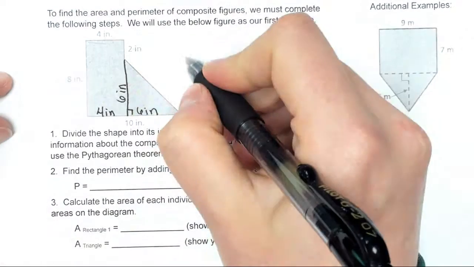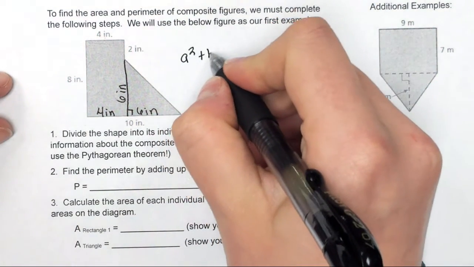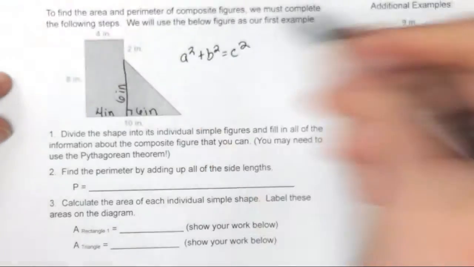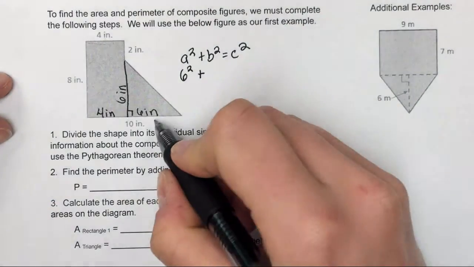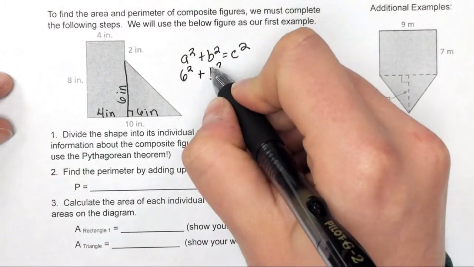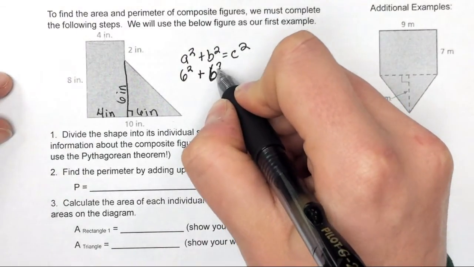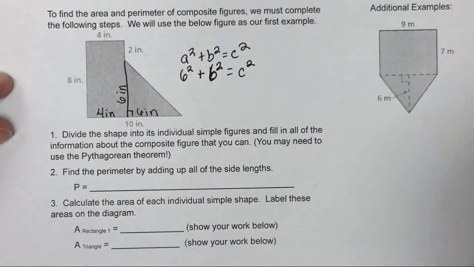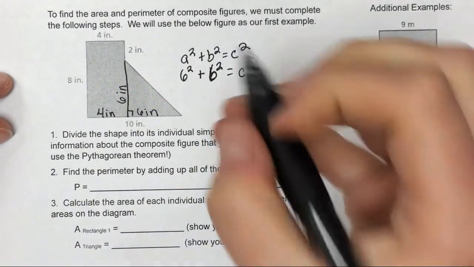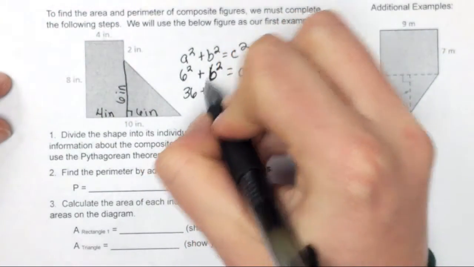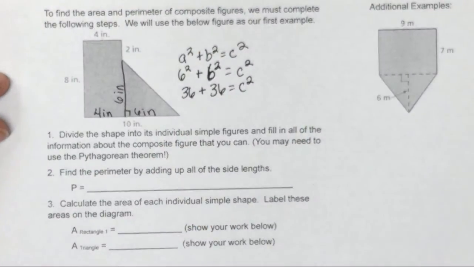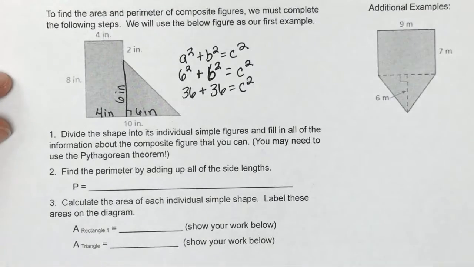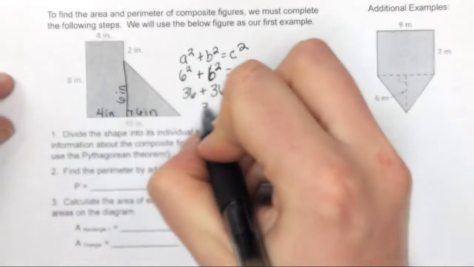So I have my Pythagorean Theorem, a squared plus b squared equals c squared. So a is 6, I'm going to plug that in. 6 squared plus b is 6 here, so plug in 6 there as well. And that's equal to c squared. We know that 6 squared is 36. So we have 36 plus 36 equals c squared. 36 plus 36 gives us 72.